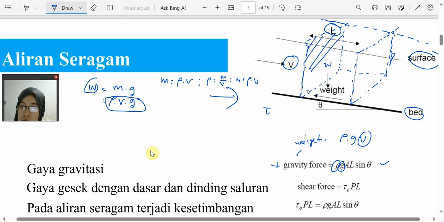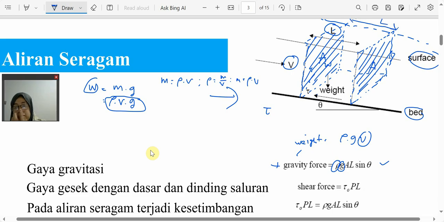So this surface, this cross-sectional area of the wet surface is A. This is also A, and this length is L. So if I want to calculate the volume, the volume is A times L, right?